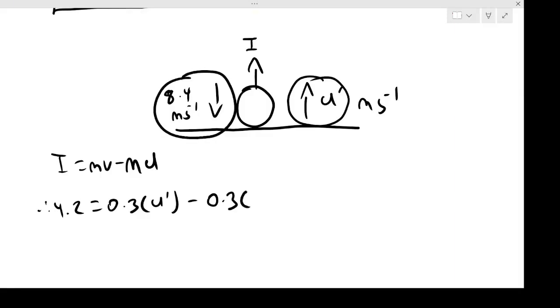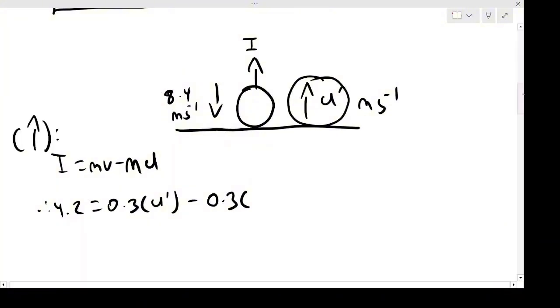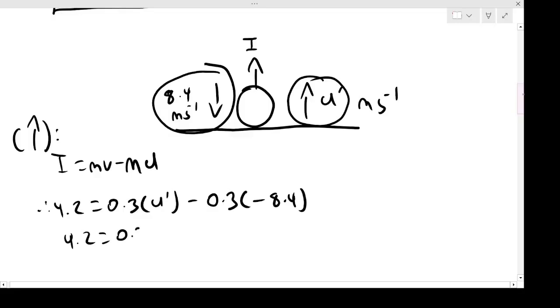Now that's 8.4, but once again, direction matters. We are taking upwards as positive here, so that's going in the negative direction, so it's going to be minus 8.4.